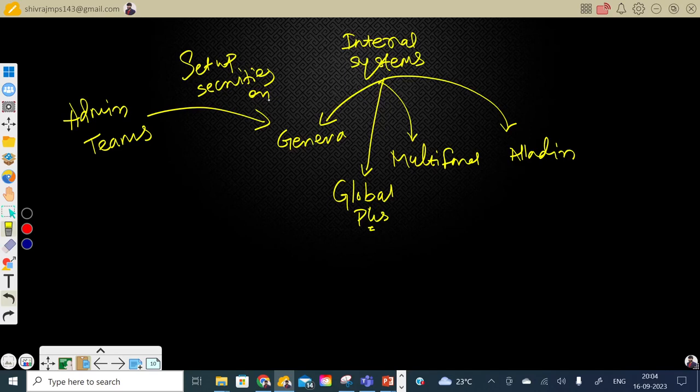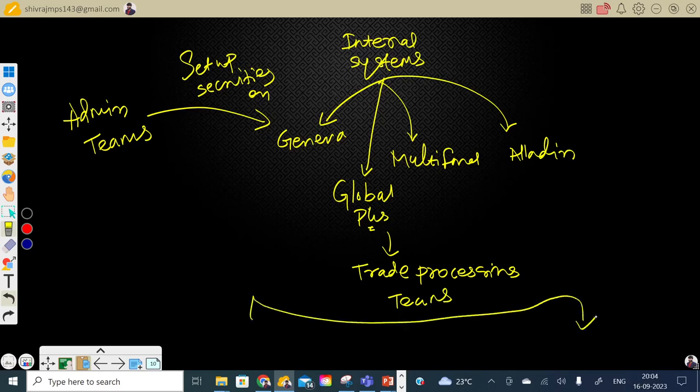And once the security is set up on the internal accounting platforms, then your trade processing teams come into the picture. Now here you can see different teams for each and every instrument.